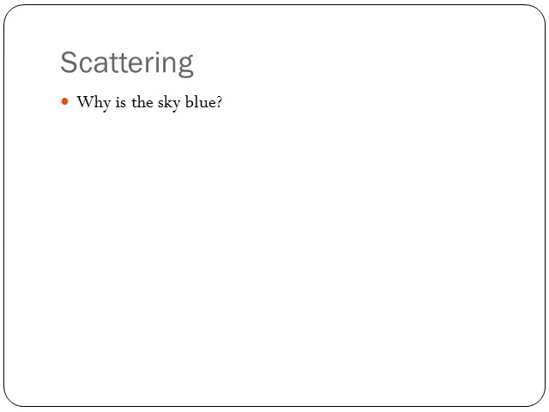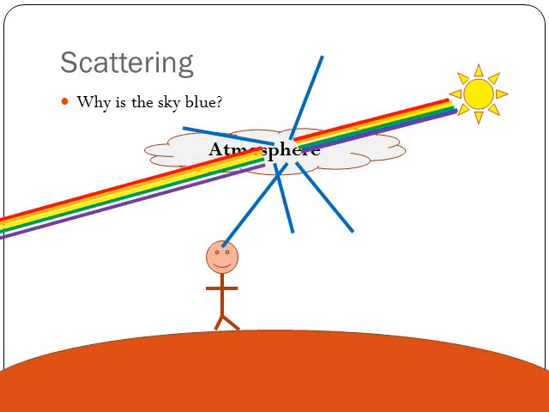Okay, so let's talk about it. Remember, scattering is when light is redirected randomly because it interacts with molecules, right? So sunlight will travel, and it is white when it leaves the sun, meaning all colors of the rainbow, all frequencies of light, are sent from the sun towards the earth.